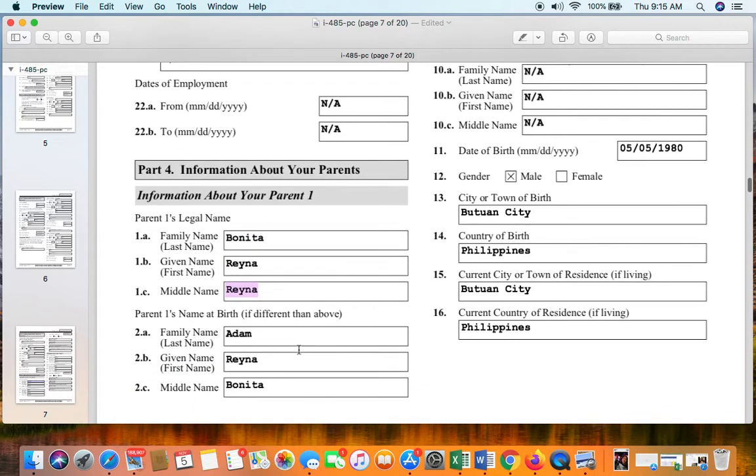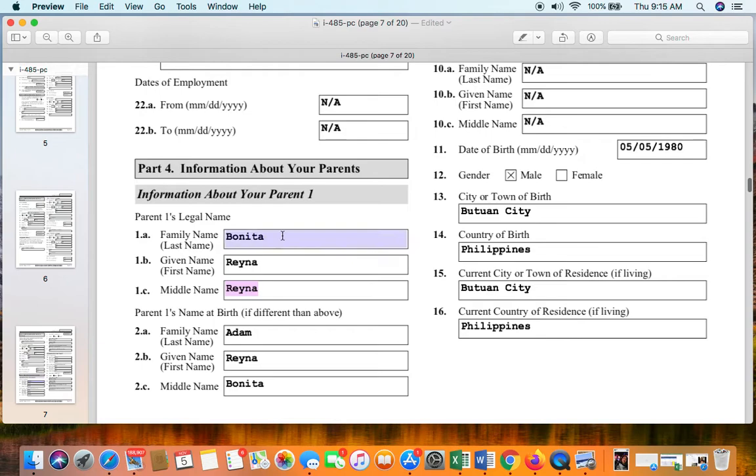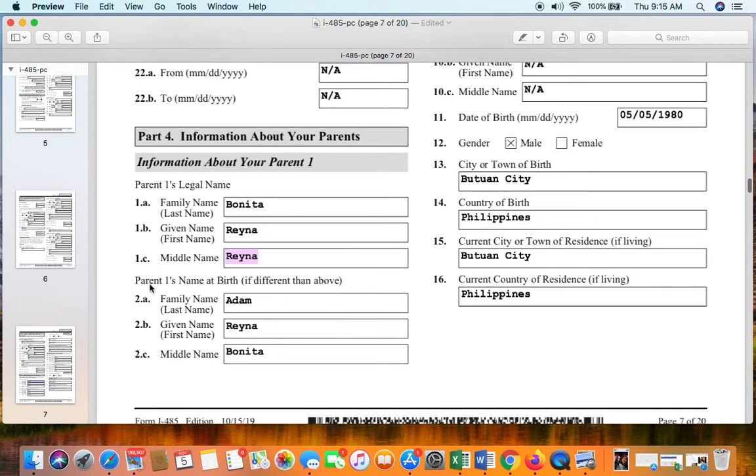Don't forget to put your legal name, the one on your passport. Parent's first name: your single name before you got married, put Adam, Reina. That's my first name before I got married.